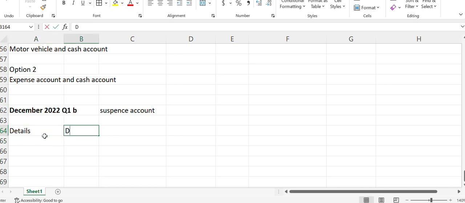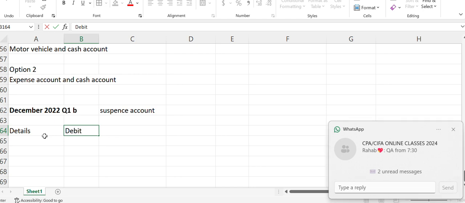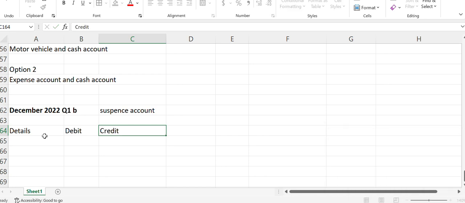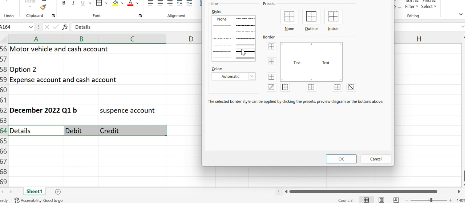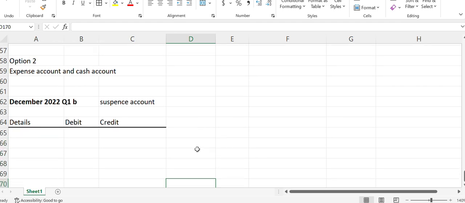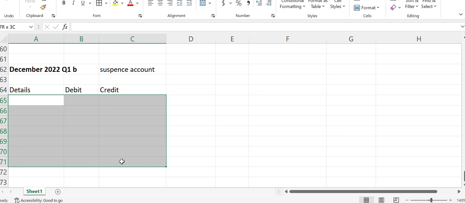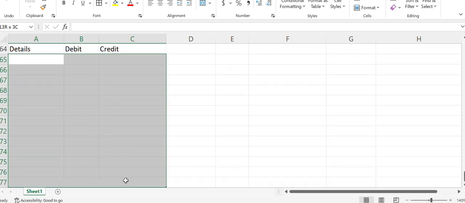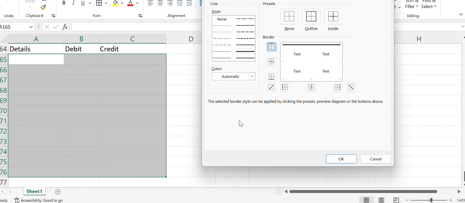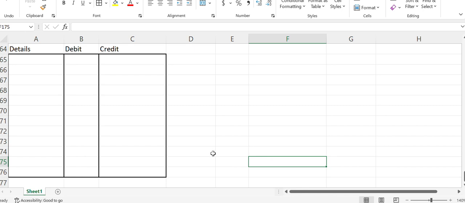then debit, then credit. But for your case, for the sake of the exam, you'll be required to have this.